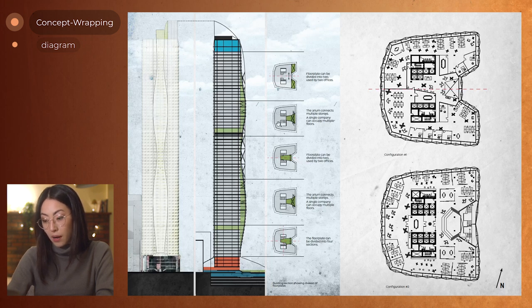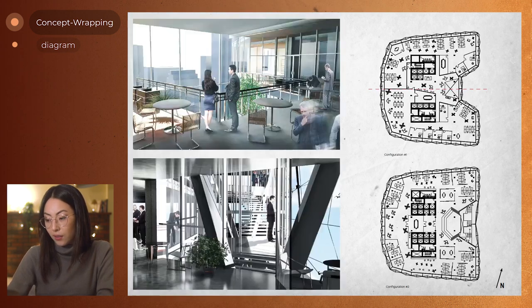This can be used by one large organization. This one also split into 2. And then on this side, I actually have the floor plan where you can see how the space is being used. And then on the next page, I will have the renderings for each floor plan.